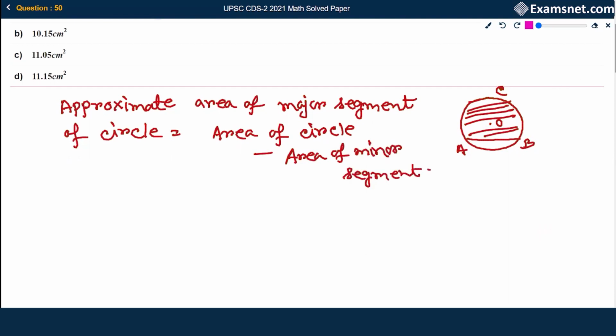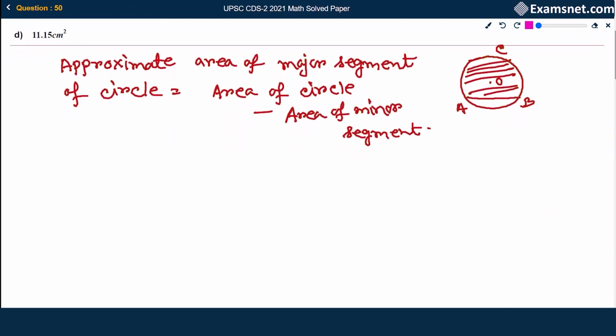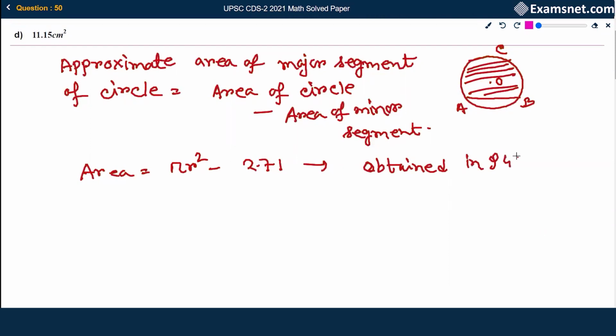In the previous question, we have already found the area of the minor segment, that is 2.71 centimeter square. So here the area is pi r square minus 2.71. This 2.71 was already obtained in question number 49. Remember that. Now place all those values.